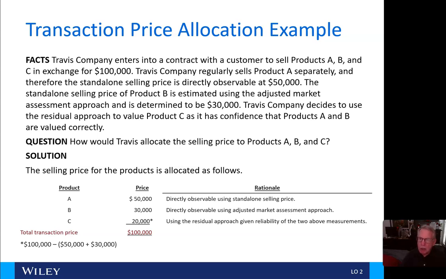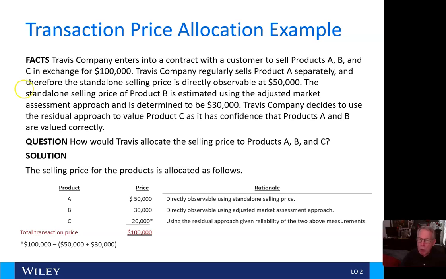The standalone selling price of product Bravo is estimated using the adjusted market assessment approach and is determined to be $30,000. Travis Company decides to use the residual approach to value product Charlie, as it has confidence that products Alpha and Bravo are valued correctly.